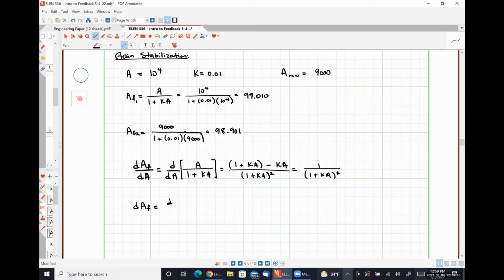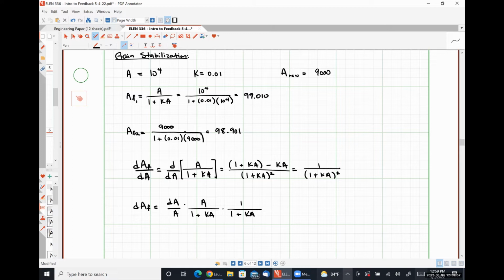So I'm going to have a dA, and then I'm going to have 1 over 1 plus KA times another factor of 1 over 1 plus KA. Now what I'm going to do is multiply my right-hand side by the open loop gain over the open loop gain, so that I have this.